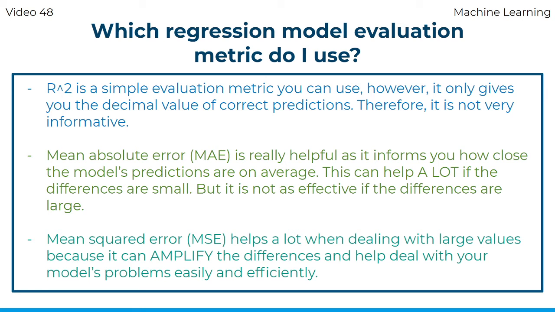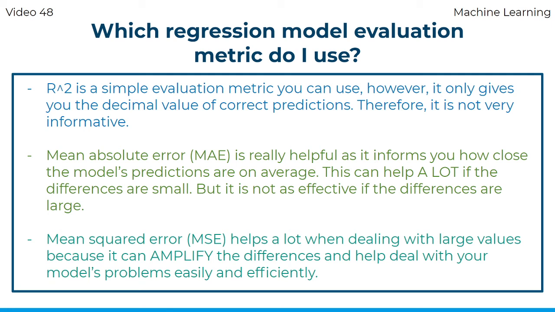Mean absolute error is really helpful as it informs you how close the model's predictions are on average. It's much easier than having to calculate all the values by hand. It just does it for you, and it gives you the average. You might think the average isn't that good because there might be some ups and downs, but it is actually really good, because even if something is still a bit wrong and you're trying to improve it, you'll be able to do that with the average.